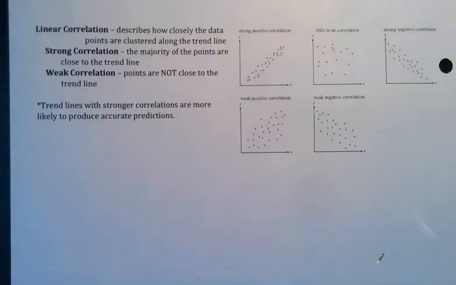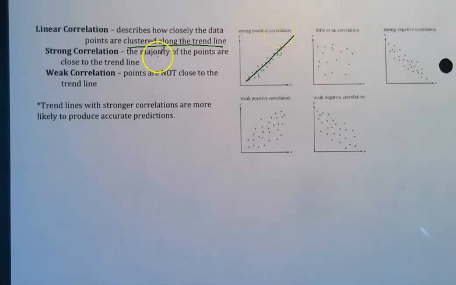Okay, so then on the back of your worksheet, we're talking about linear correlation. Linear correlation describes how closely the data points are clustered along the trend line. If we drew a trend line in there, they're clustered really closely, so this is considered a strong positive correlation.